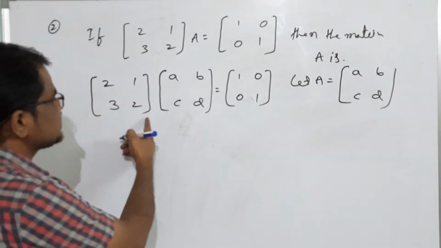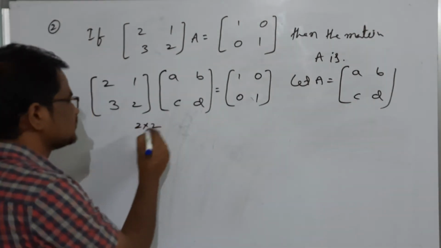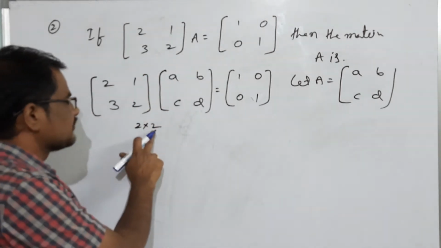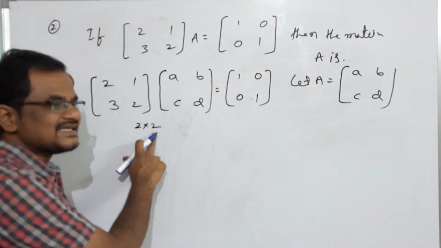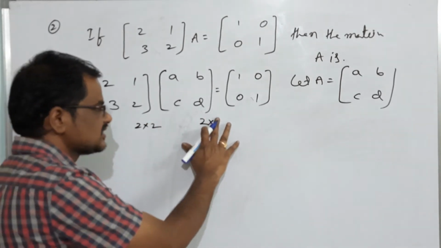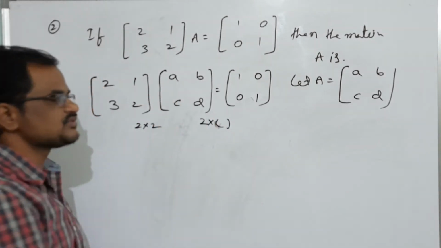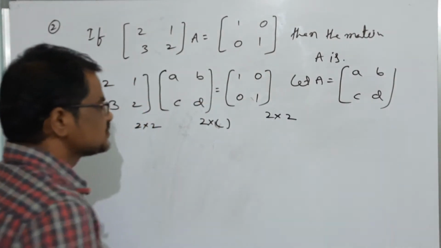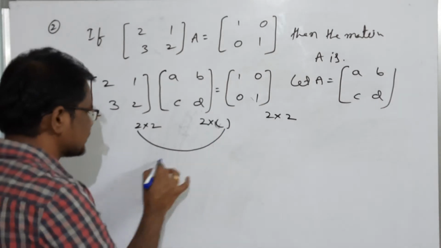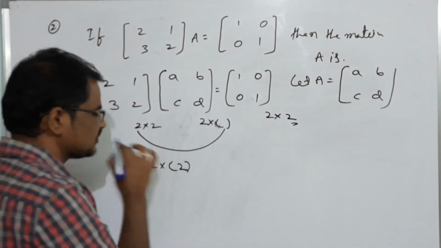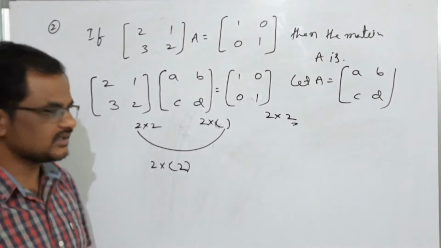Matrix multiplication is possible when the number of columns of the first matrix is equal to the number of rows of the second matrix. But the number of columns we don't know yet. The right side is 2 by 2, so the resultant order is 2 by this one. Here it is 2, so that's why we have to take a 2 by 2 matrix only.